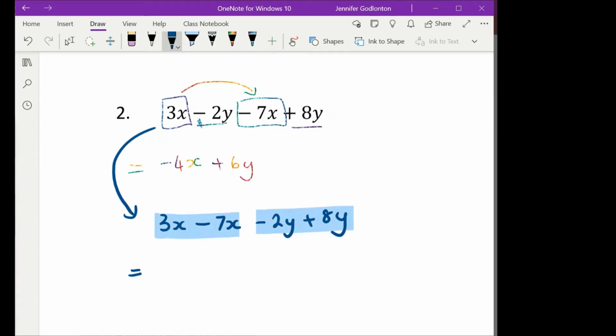So 3x minus 7x would give us -4x and -2y plus 8y will give us positive 6y. Okay, so it's all just about practicing and seeing how our brain works. Does our brain work where we can jump from one to the other, or does our brain prefer where we write things next to each other? And we just do whichever one our brain prefers.